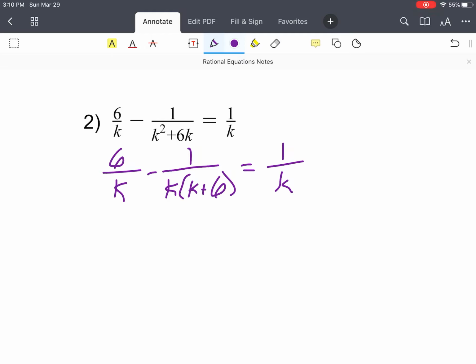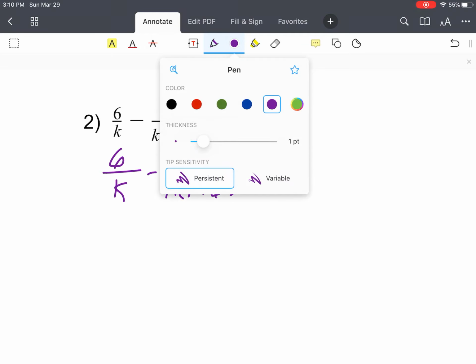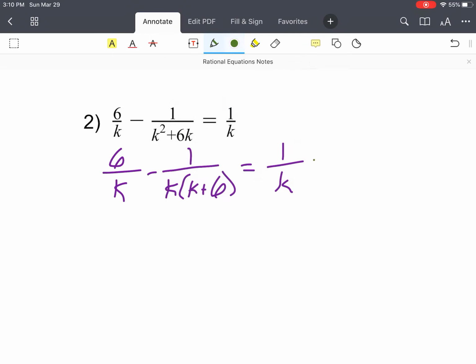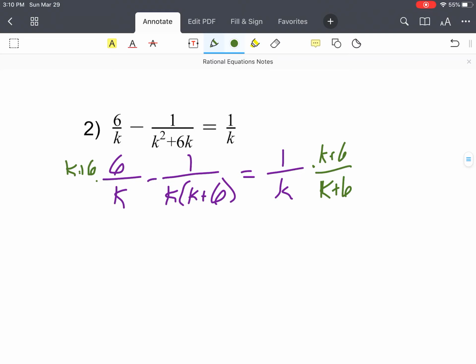My leftmost and my rightmost just have a k. They don't have the k plus 6 piece. So just like the last one, I'm going to multiply by k plus 6 on top and on bottom on both of these things.